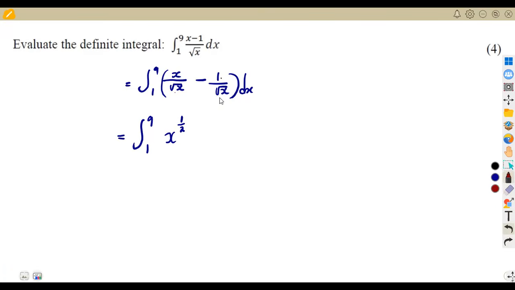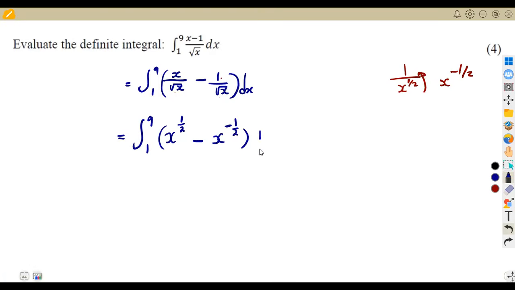We can simplify 1 over the square root of x. Remember, we said the square root of x simply means x to the exponent of a half. But the moment we are dealing with 1 over, we can take this up, which is going to carry a negative exponent. So this one is going to be written as minus x to the exponent of minus half.